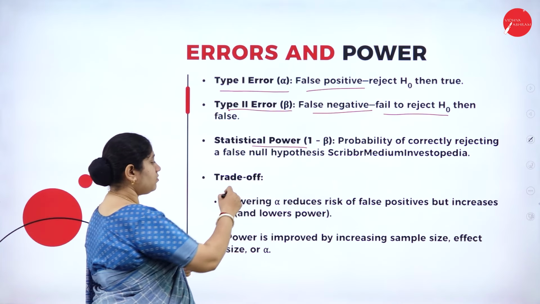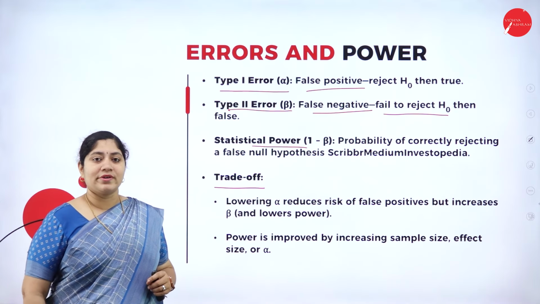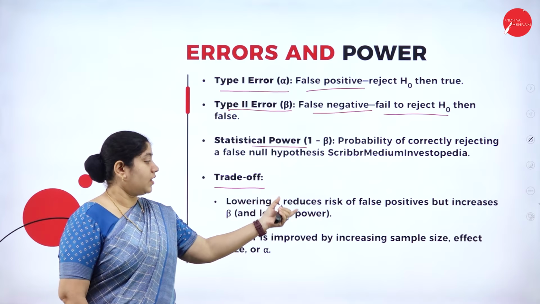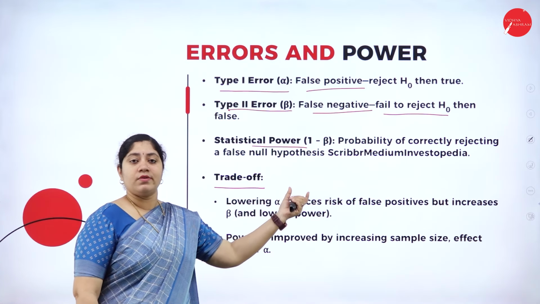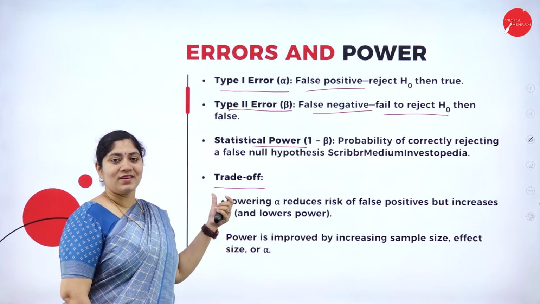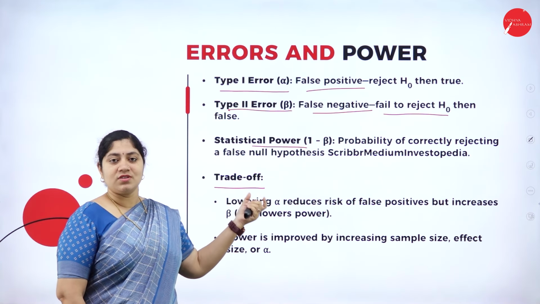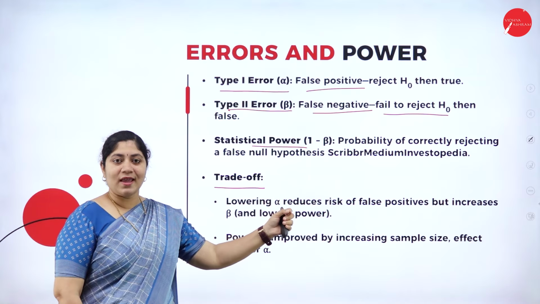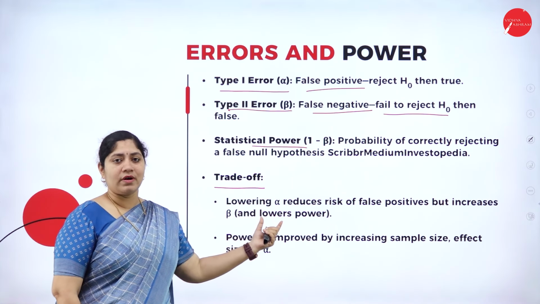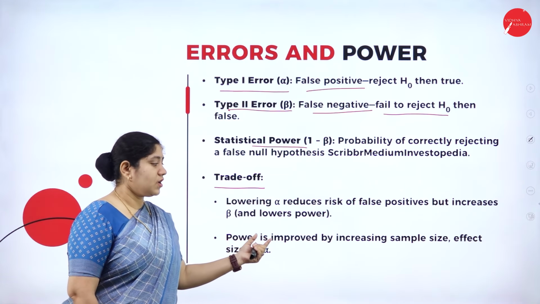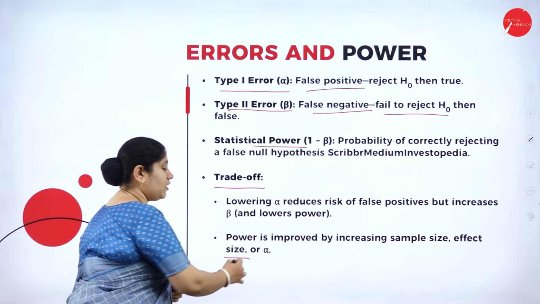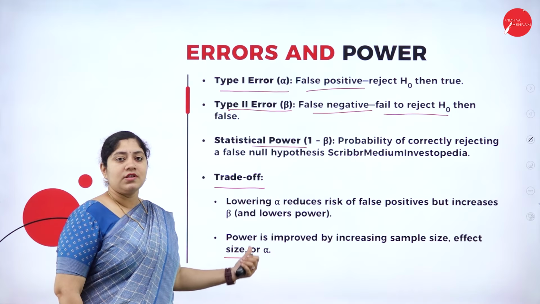Up next, let's see the trade-offs between the errors and the power. If we want to lower the type 1 error, it reduces the risk of false positives. But if we concentrate on reducing alpha, the type 1 error, then we can expect more type 2 errors, that is, lower power. Next, power is improved by increasing the sample size as well as the effect size, or by increasing alpha.